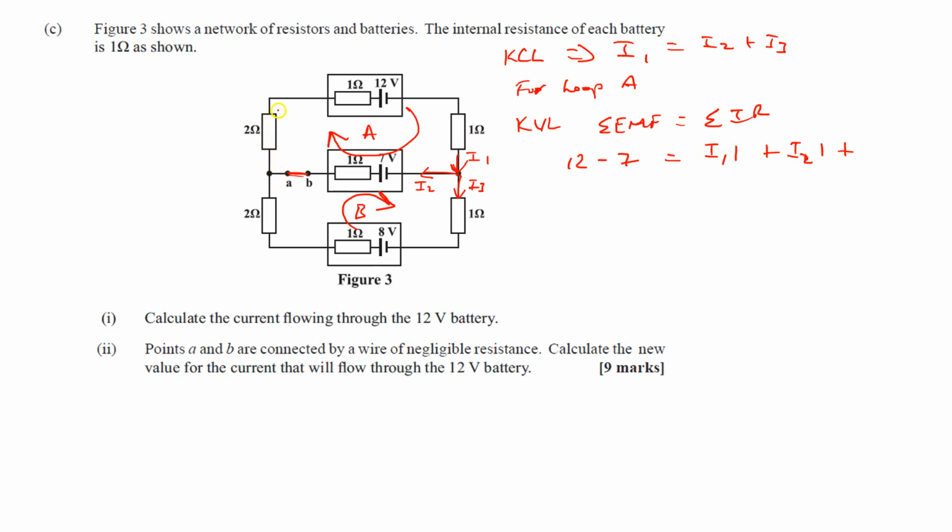This current here is going to be I1, right? So that's something to note, that the entire current in this section is going to be classified as I1. There's not going to be a different current, but it's going to be I1 that is flowing through that 2 ohms resistor.